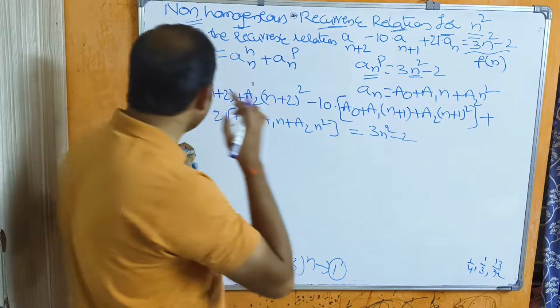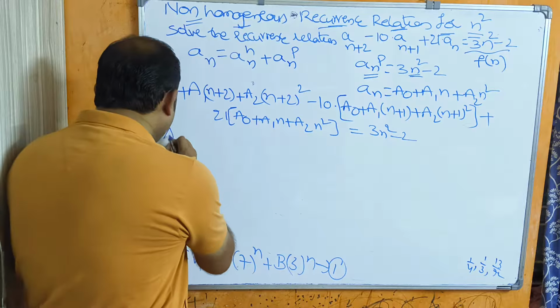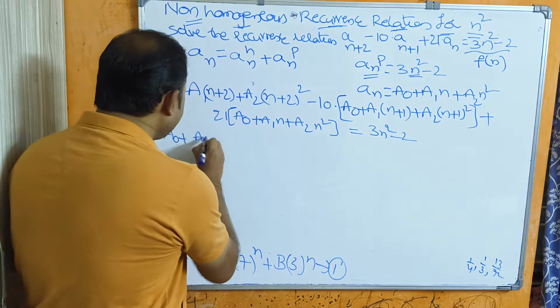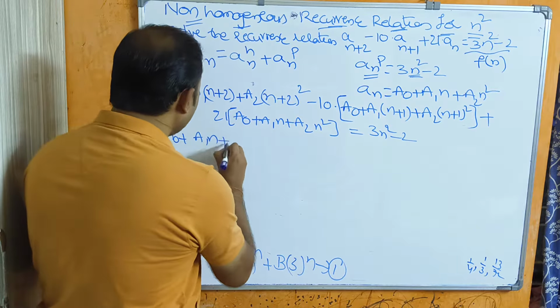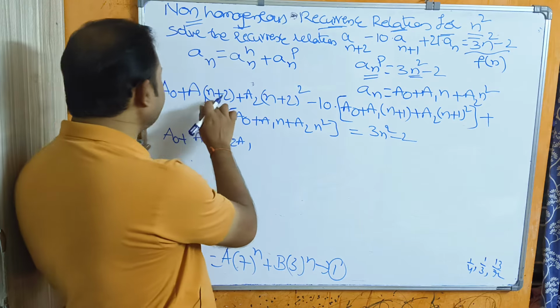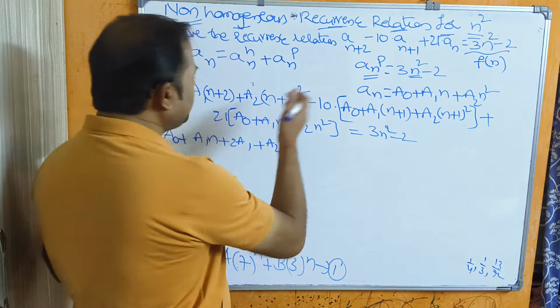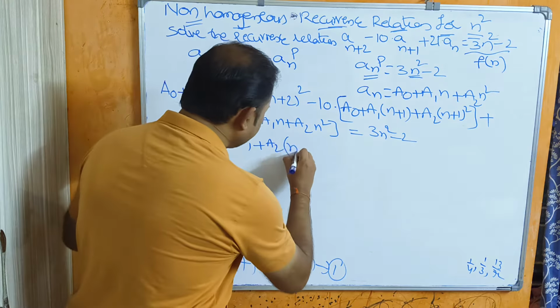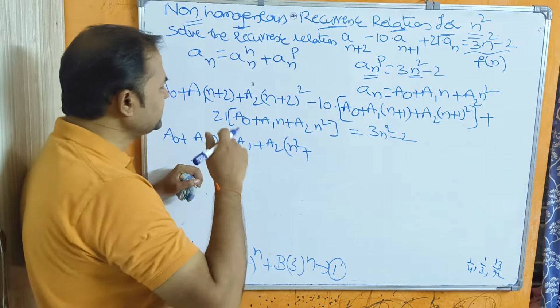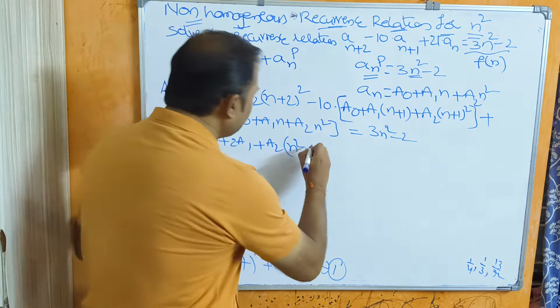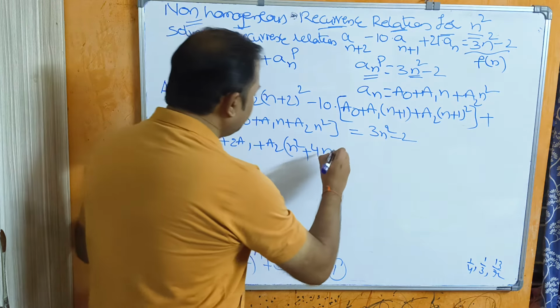So let us expand this equation further. So a naught plus a1 n plus 2 into a1 plus a2 into (n plus 2) whole square. So that means, (a plus b) whole square means a square plus 2ab, 2ab means 4n, plus b square means 4.